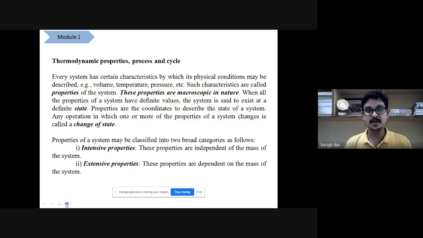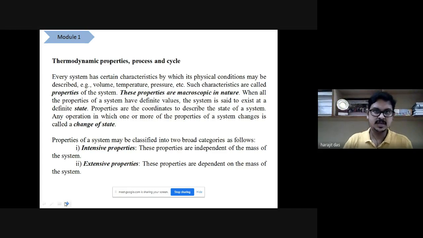Pressure is force per unit area, or the average molecular collisions on a particular area. Those collisions apply some force on a particular area, and that is defined as pressure. So these properties will define the state of the system.